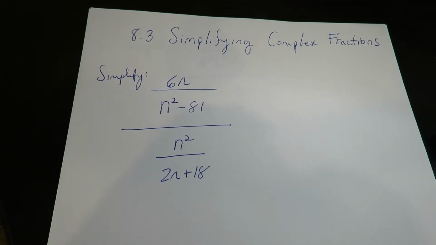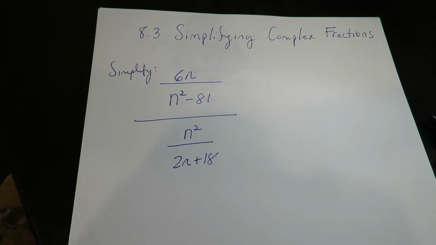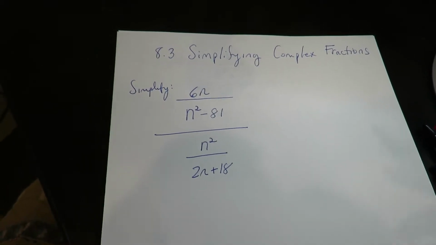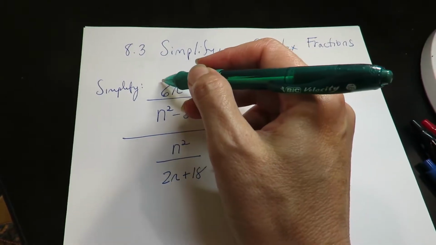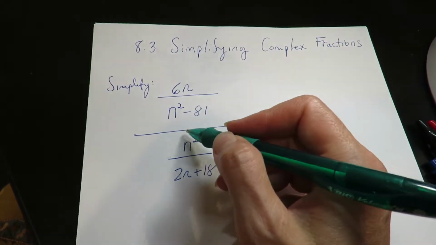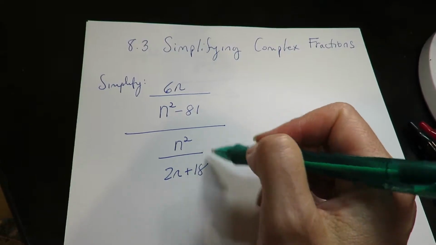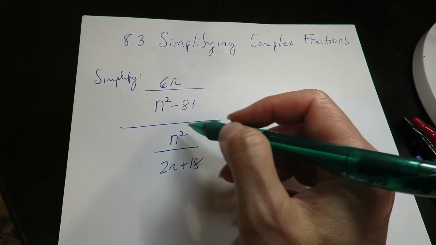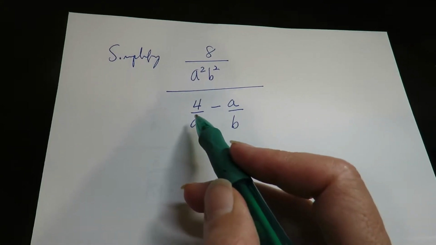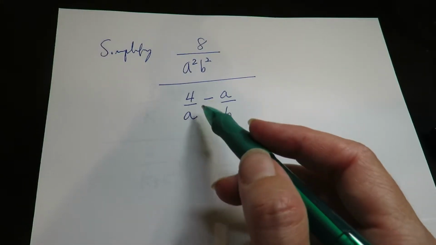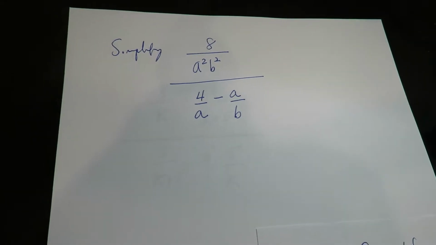Now, these cannot be done in any order. This one's already halfway done, so the first step is actually to make the numerator one fraction and the denominator one fraction, and that's already happened here. If you'll notice in other examples I have, the numerator, denominator, or both might not be one whole fraction.